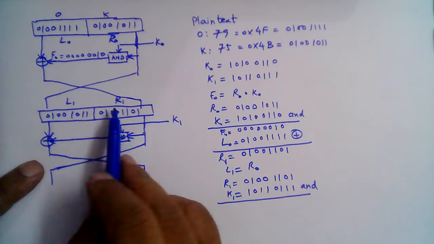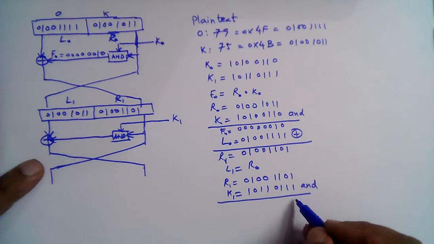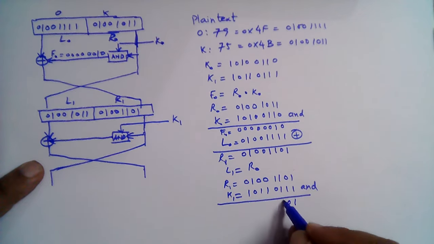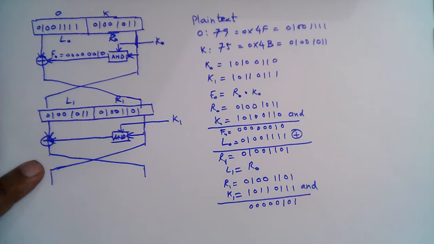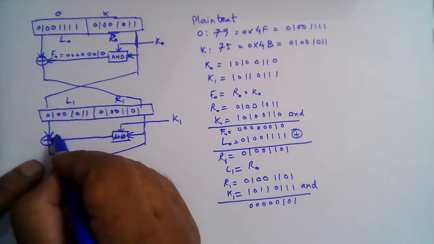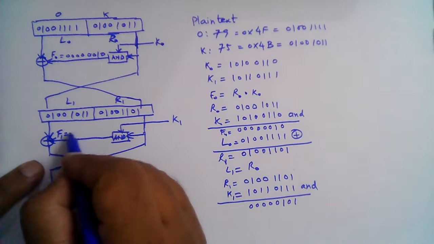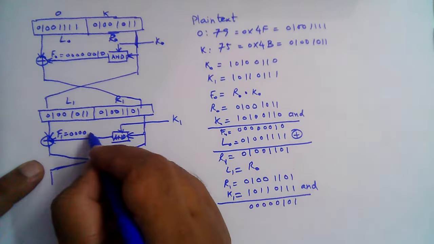So R1 and K1 go through this AND operation. So this comes to 0 0 0 0 0 1 0 1, right? Let's call this F1, equal to 0 0 0 0 0 1 0 1.